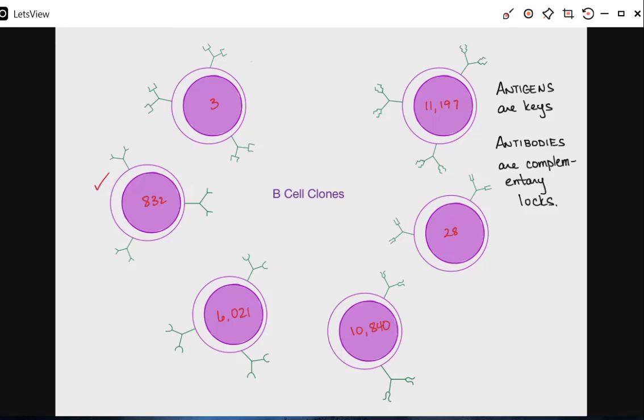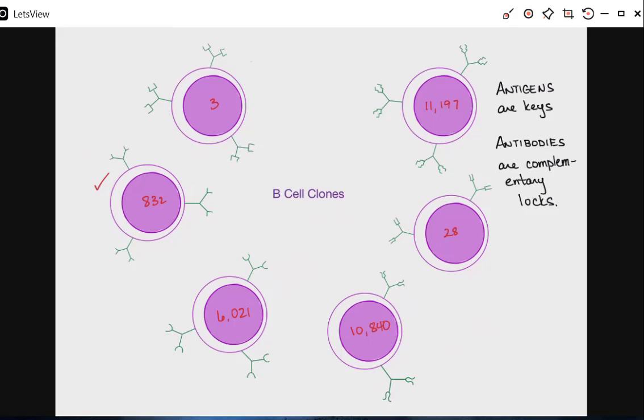You ask, what key am I making this lock for? And the customer says, I don't know, just make a random lock. And you make a random lock. Is there a key out there somewhere in the world that will fit your lock? Maybe, maybe not. So the body does not know which antigens it will ever encounter in your life.